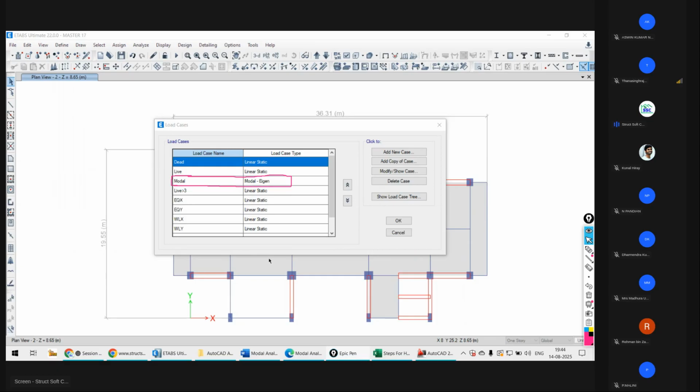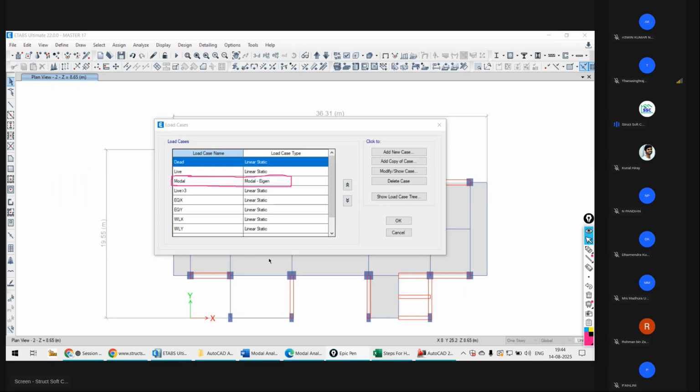Modal analysis is a type of analysis in which we look at the dynamic behavior of your structure, the dynamic response of your structure with its inherent capacity. What is Modal analysis? It is very simple. We would like to know the dynamic response of your structure.